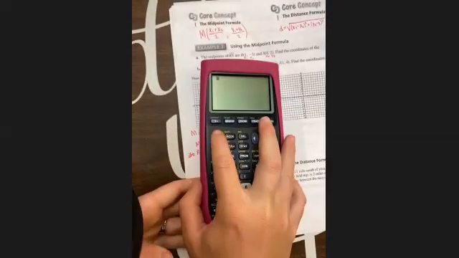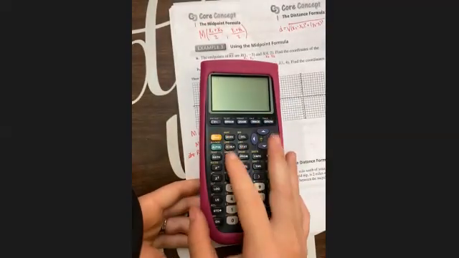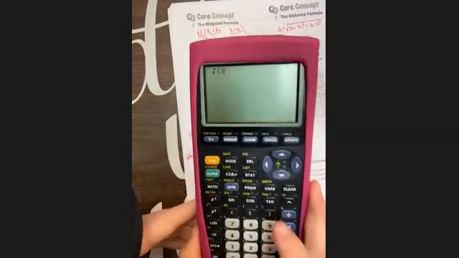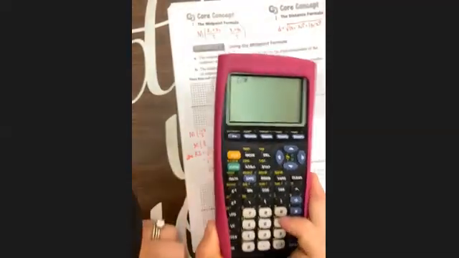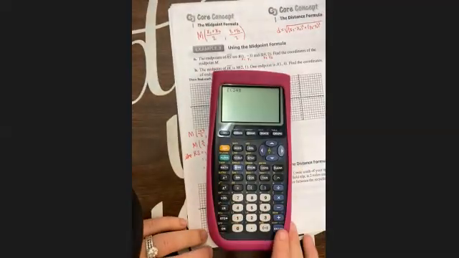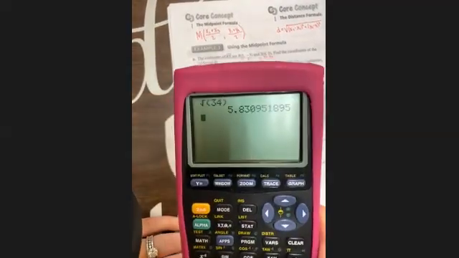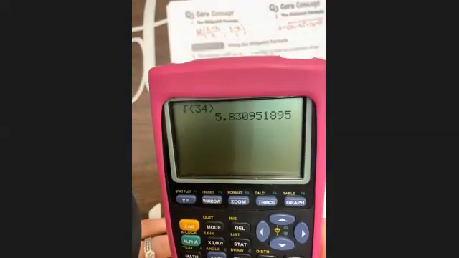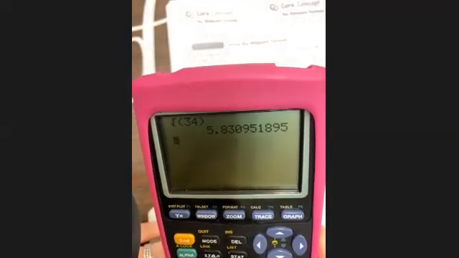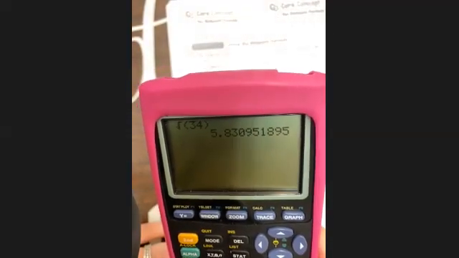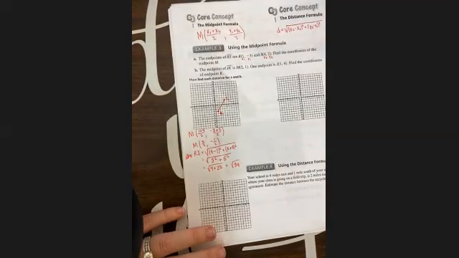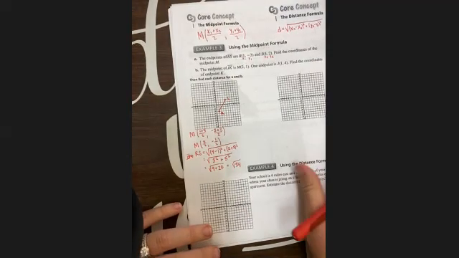So to get that, I have to hit the second key or the shift key, and then hit that button, and you should see it pop up. And then you can type in 34, click enter, and look, it comes out with a decimal, okay? So we can just go ahead and leave it as that for right now, just the square root of 34, okay? All right, let's go over to the next one then.